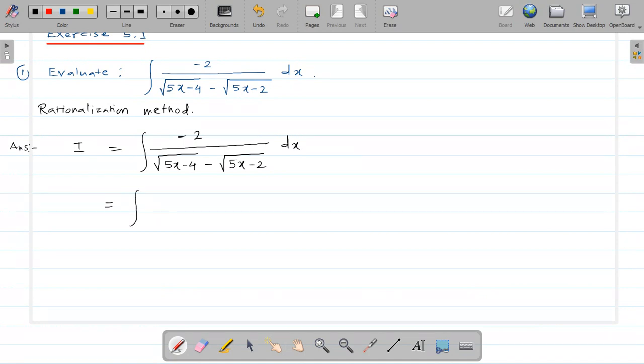Integration minus 2 upon root of 5x minus 4 minus root of 5x minus 2. Keep this in bracket and multiply this bracket by root of 5x minus 4 plus root of 5x minus 2. This is called rationalization.